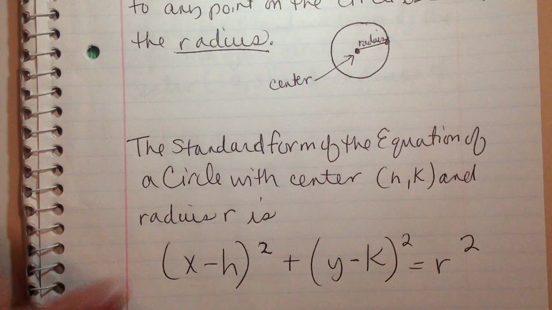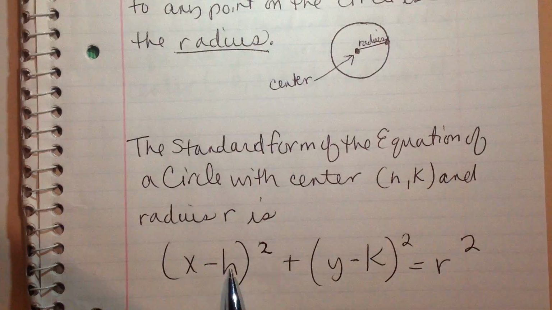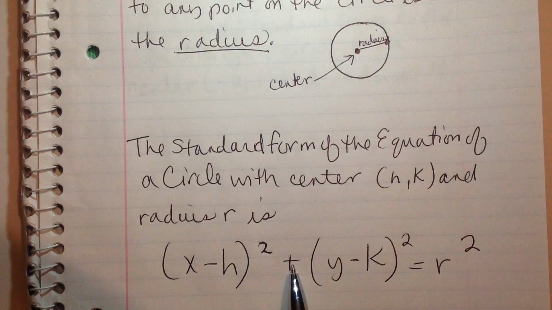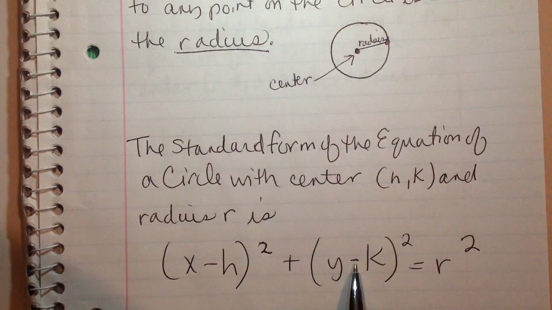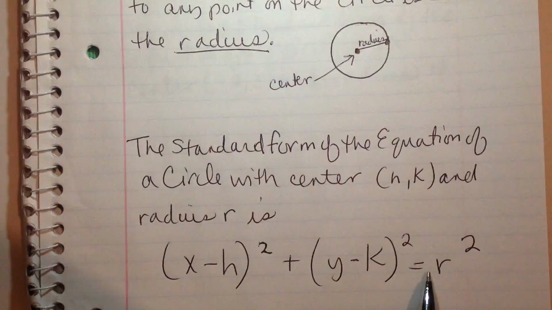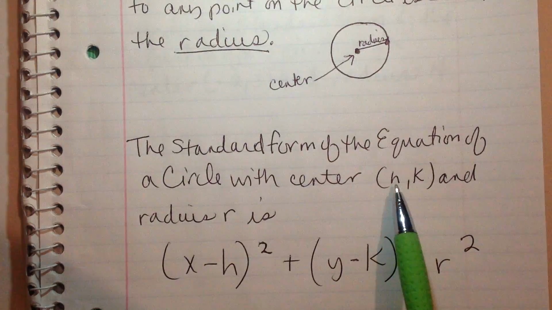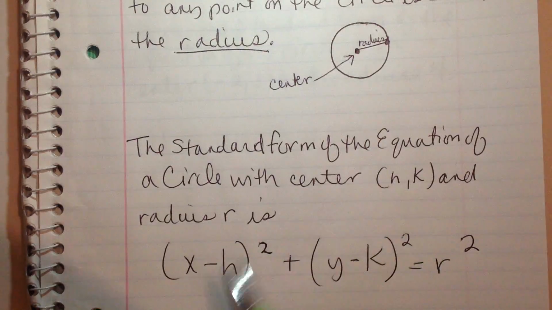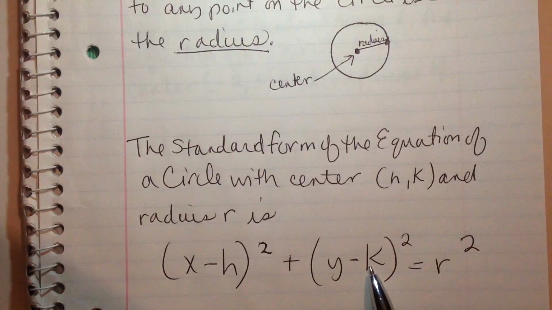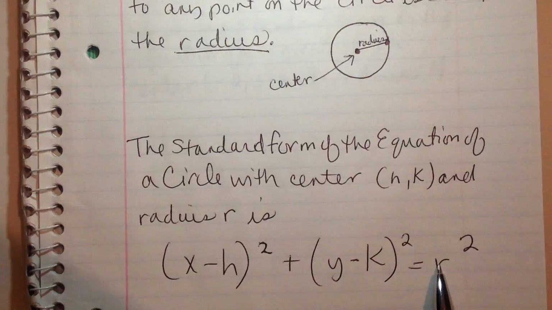This is another formula that you need to be very familiar with. (x minus h) squared plus (y minus k) squared equals r squared. Again, your center is (h, k). So we plug in h and k into the formula here, then the radius, you'll plug r into the formula.